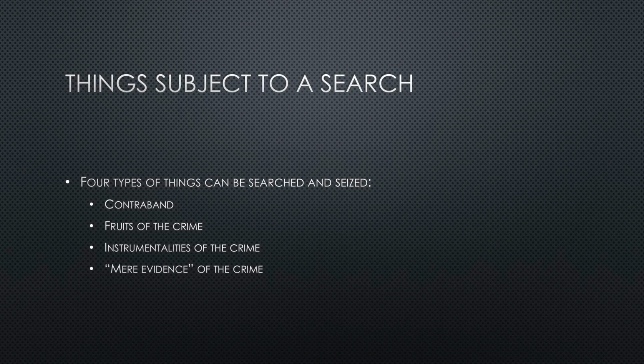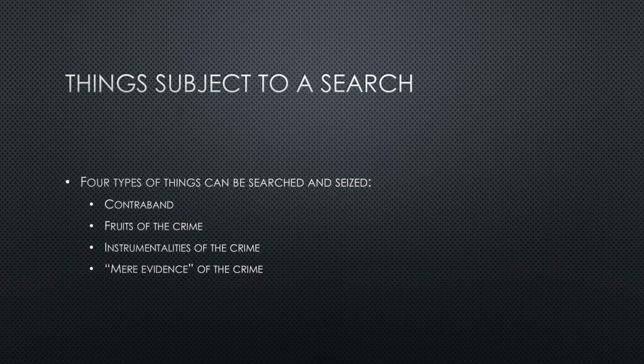What about fruits of the crime? Well, this could be goods that are normally perfectly legal to possess, but they're stolen. So stolen goods. Instrumentalities of a crime could be a lock pick set or other burglary tools. Right? It could be a weapon that you used to threaten someone.